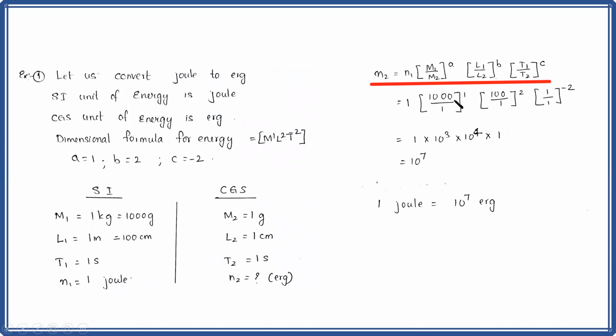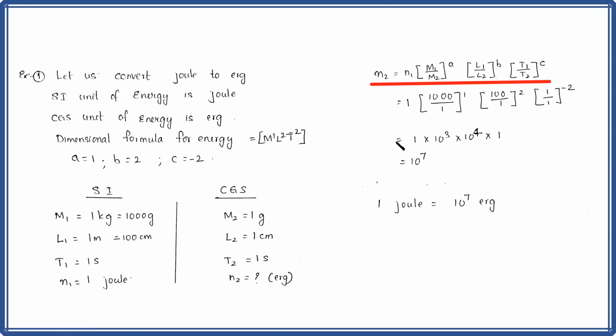M1 is 1000, M2 is 1, L1 is 100, L2 is 1, T1 is 1, T2 is 1, and the powers are 1, 2, and minus 2. Therefore, this is 1000, meaning 10 to the power of 3, and 100 squared means 10 to the power of 4, and then 1. All together it is 10 to the power of 3 plus 4, which is 10 to the power of 7. Therefore, 1 joule is equal to 10 to the power of 7 ergs.